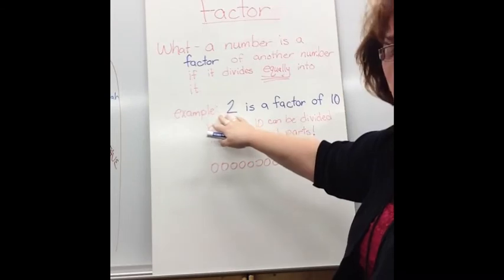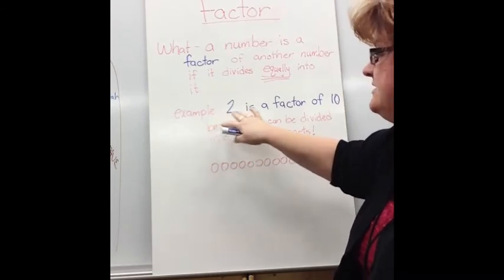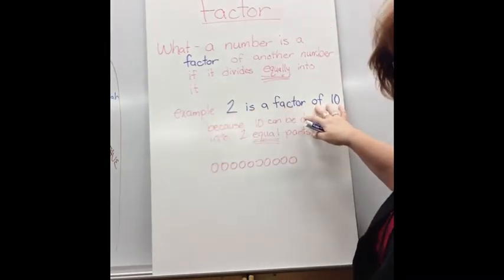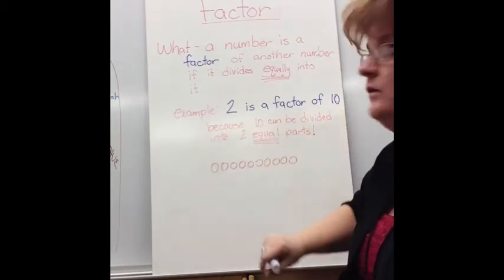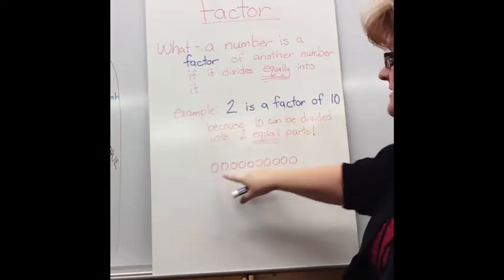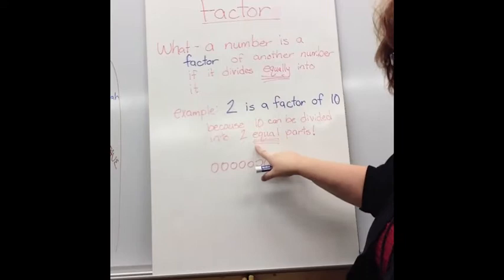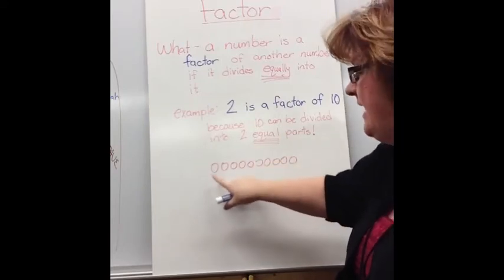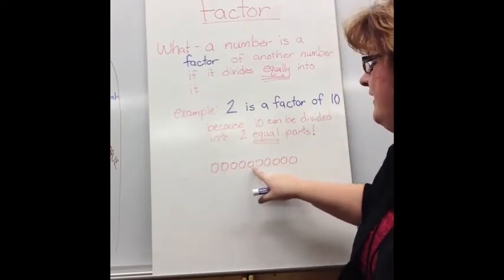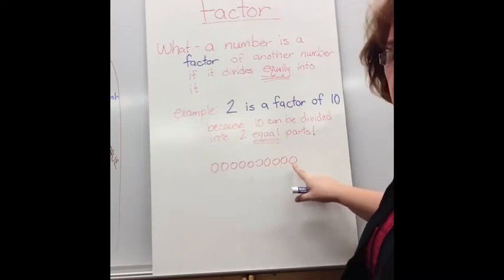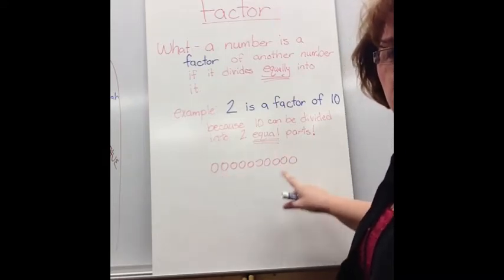Now let's go ahead and look at this example. We want to know, is 2 a factor of 10? So how do we figure that out? 2 would be a factor of 10 because the 10 would break into 2 equal parts. Let's go ahead and count that out. We've got 1, 2, 3, 4, 5, 6, 7, 8, 9, 10. We have 10 balls.